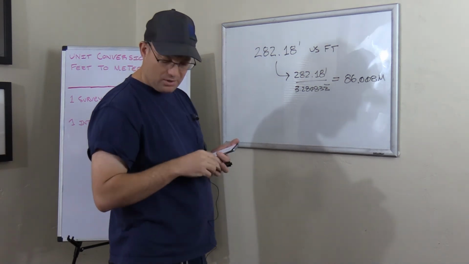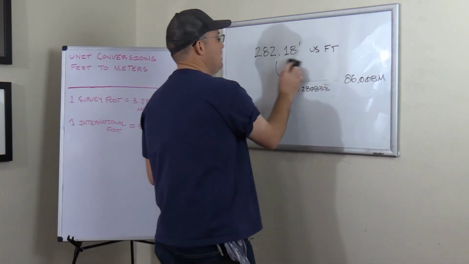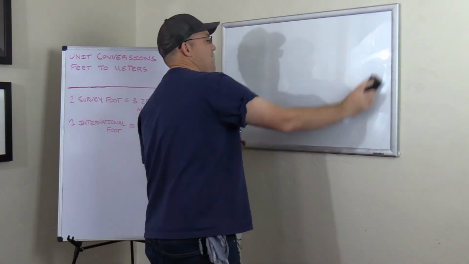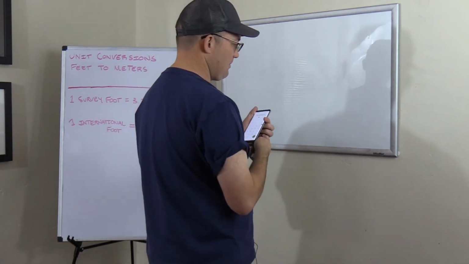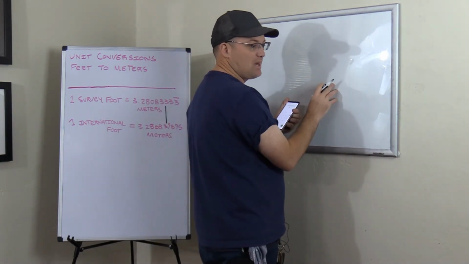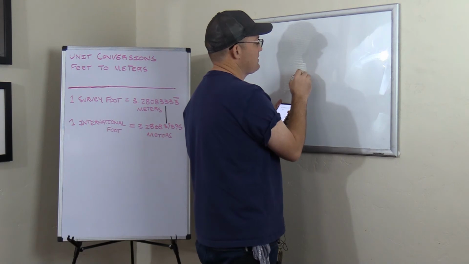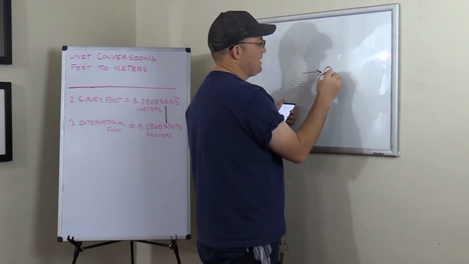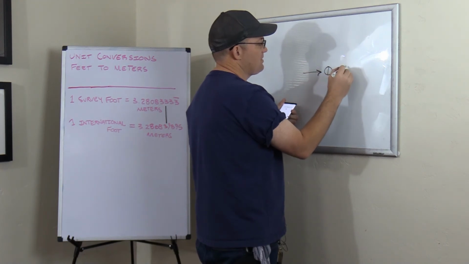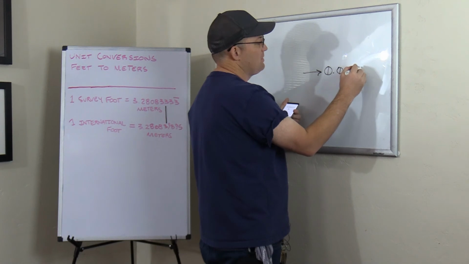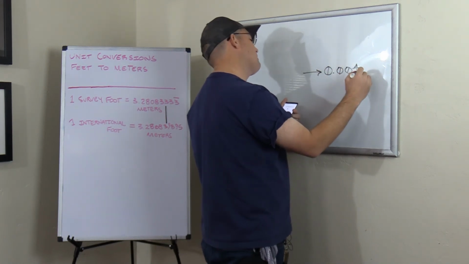Now let me show you one other quick thing. Let's say on your new survey instrument you bought, the manufacturer tells you that you ought to be able to measure a distance at two standard deviations or 95% confidence. Don't worry if you don't know what that means. Let's say they tell you that you can measure a distance with this instrument to 4 millimeters at 95% confidence.